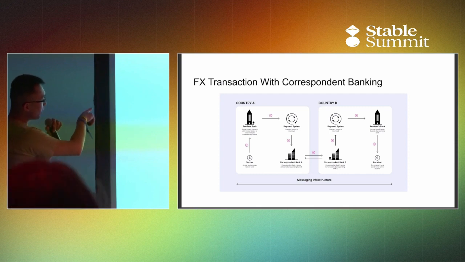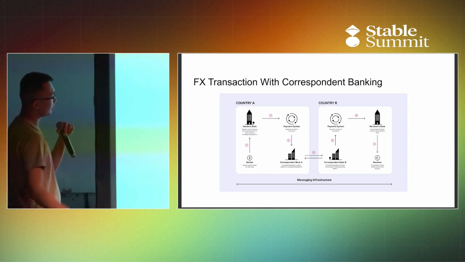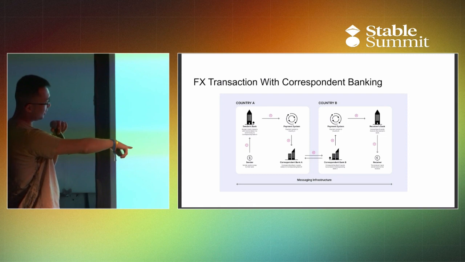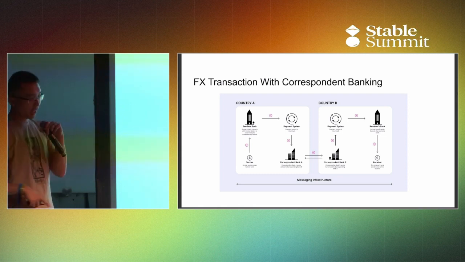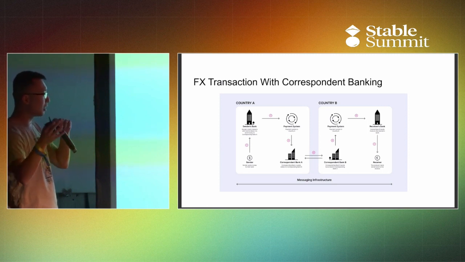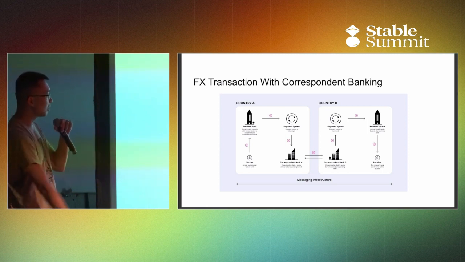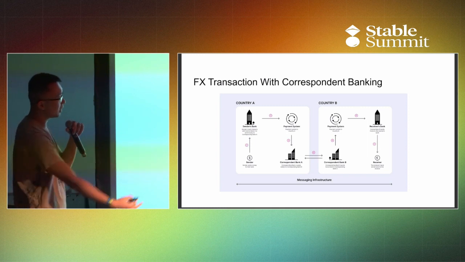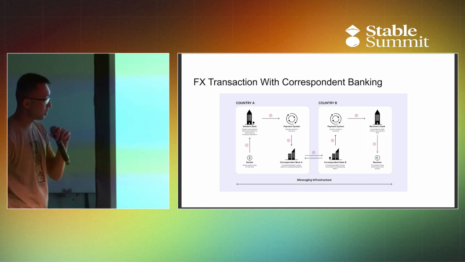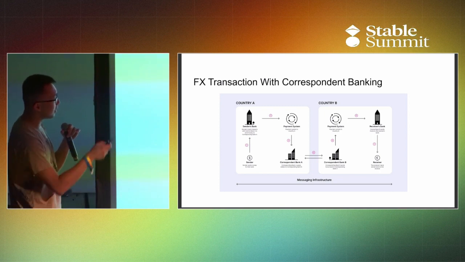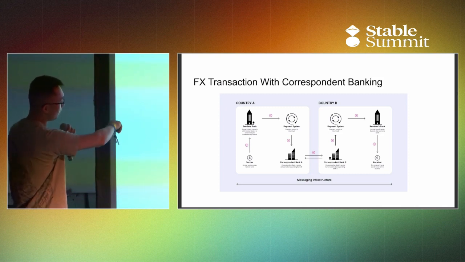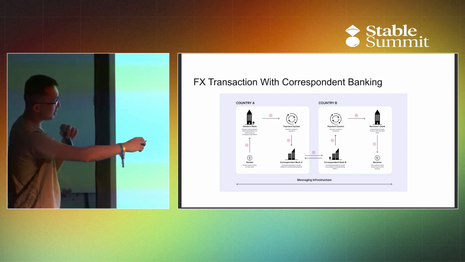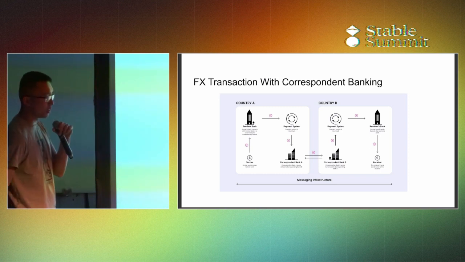Then my bank pays a correspondent bank through the US payment system. Then this correspondent bank has a ledger that's bilaterally maintained with another correspondent bank in the country I'm sending money to, so they have to reconcile through, I don't know, SWIFT or something. Then that bank does the reverse of what happened in the US, and the money goes all the way to the receiver of my transaction.